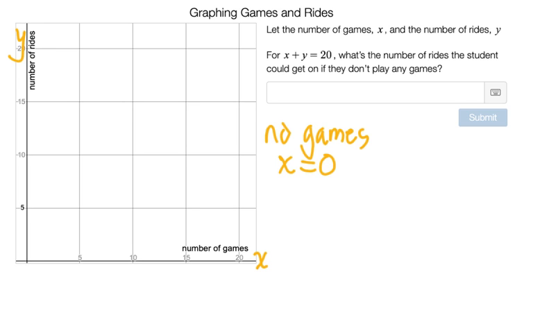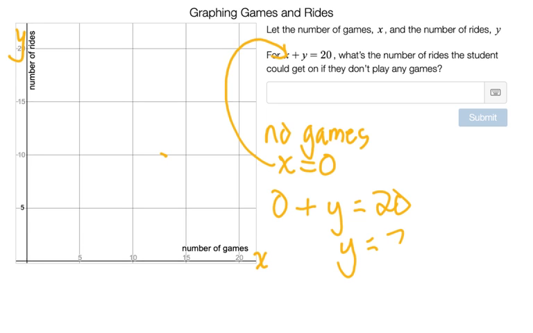So if I substitute 0 in for x, I get 0 plus y equals 20, well then y is equal to 20. So if y is equal to 20, it's right up here. That means I can go on 20 rides. So if I play no games, then I can go on 20 rides.